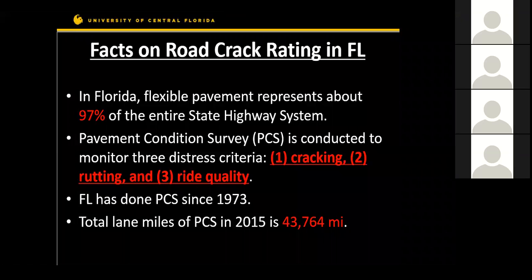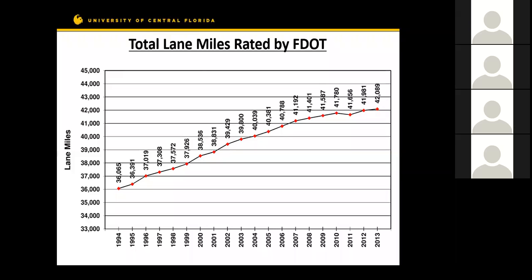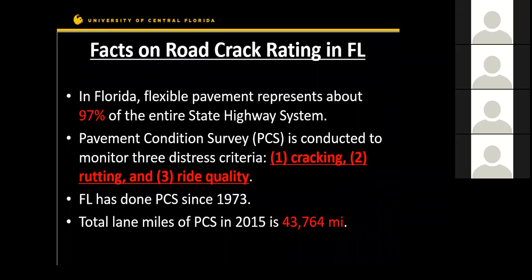So basically nowadays all the states have pavement management systems which need data from the pavement in order to be able to maintain the condition in a service situation, or in a good condition.